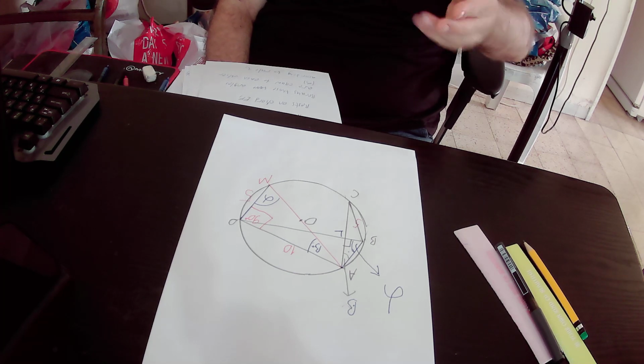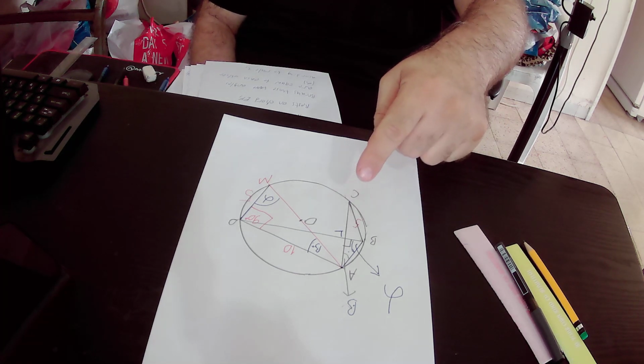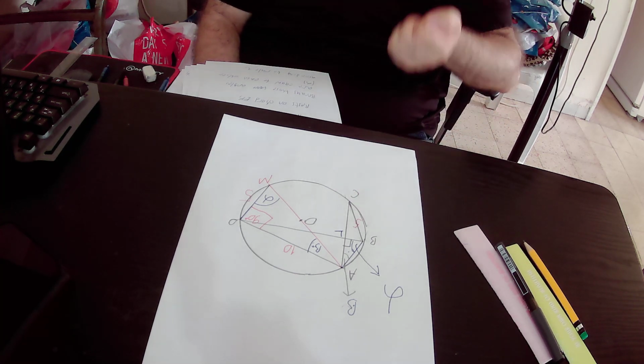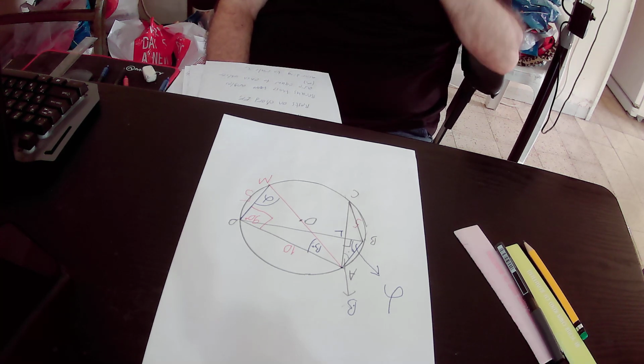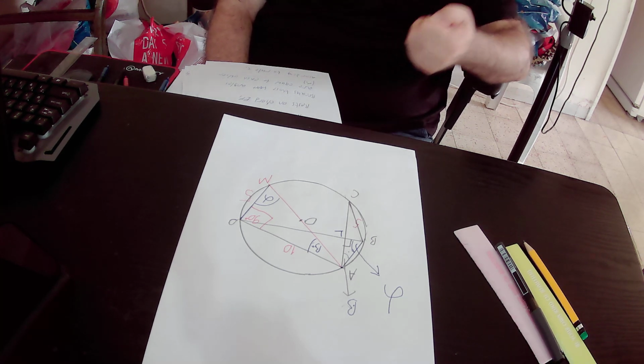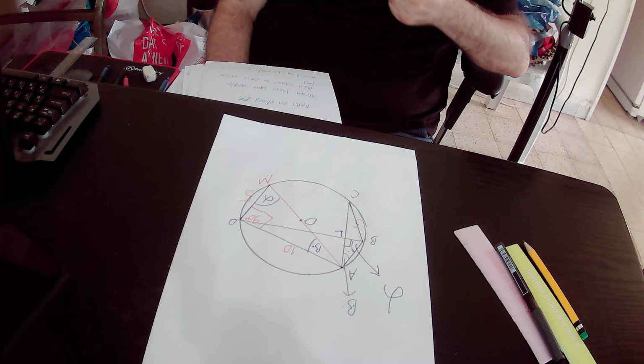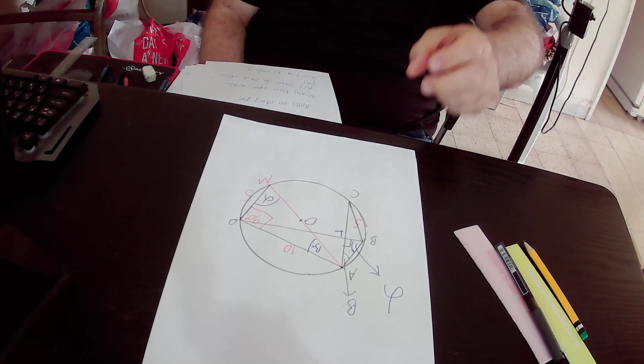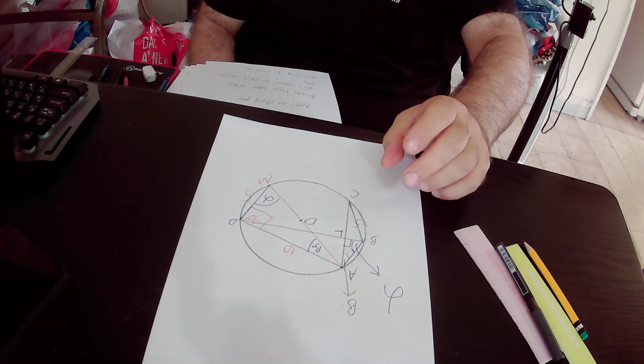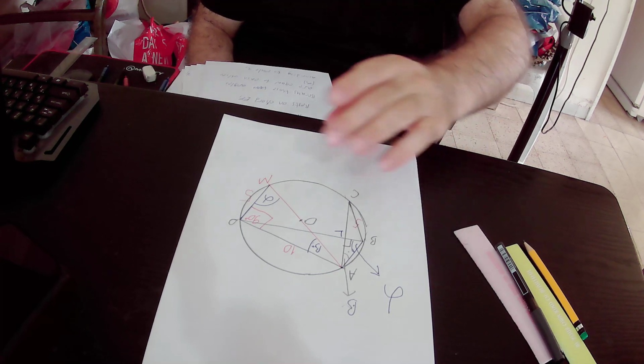So those two angles are equal to each other, both of them equal to beta. So according to rule number 3, they rest on equal arcs. That is to say BC equals MD.